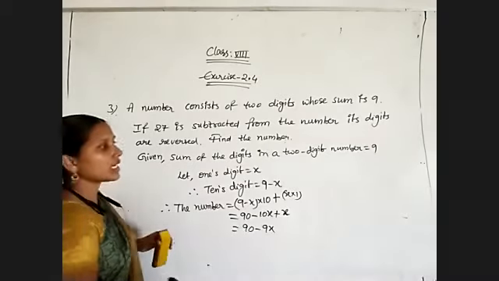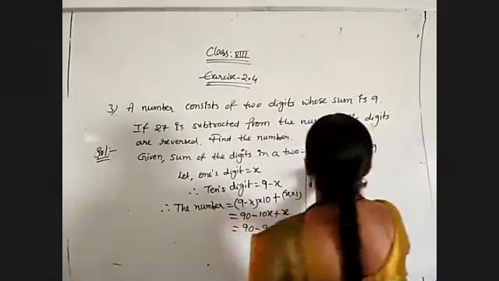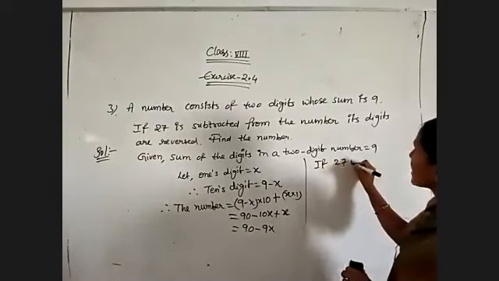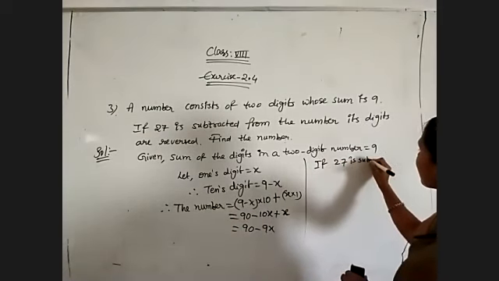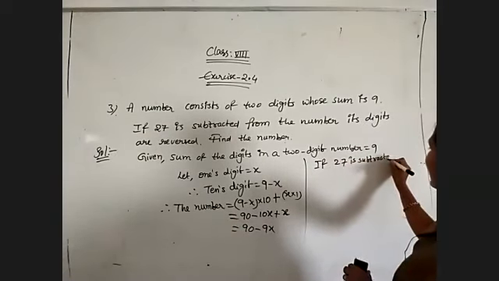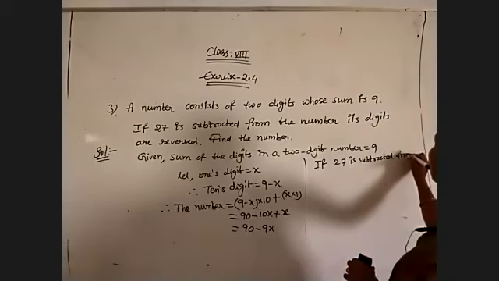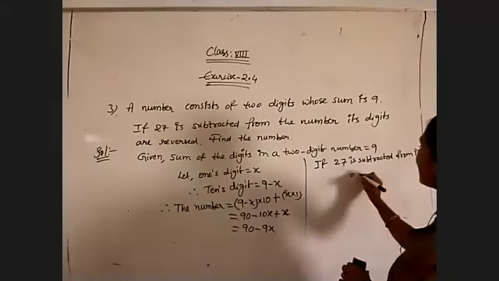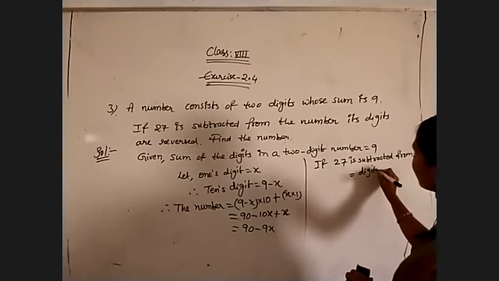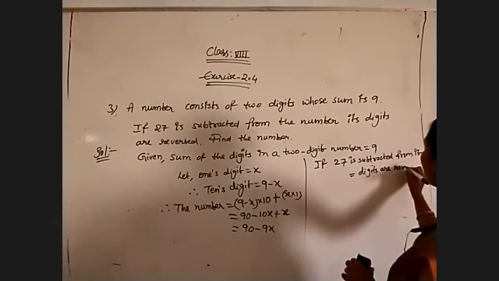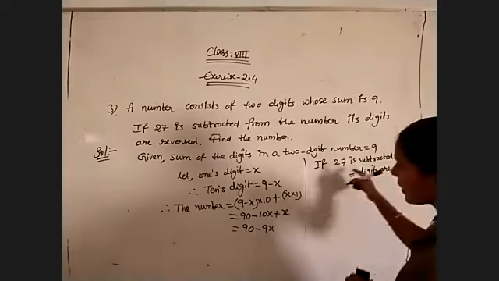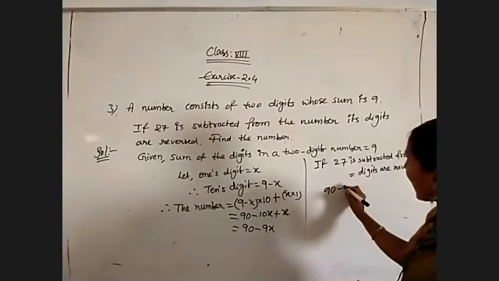Now one more condition they have given: if 27 is subtracted from it, then the digits are reversed.